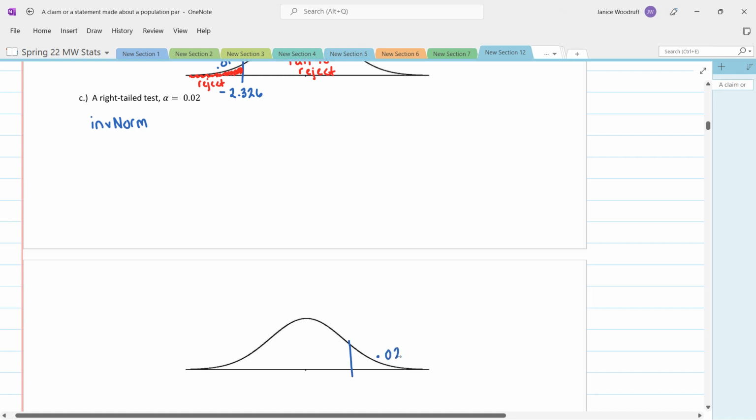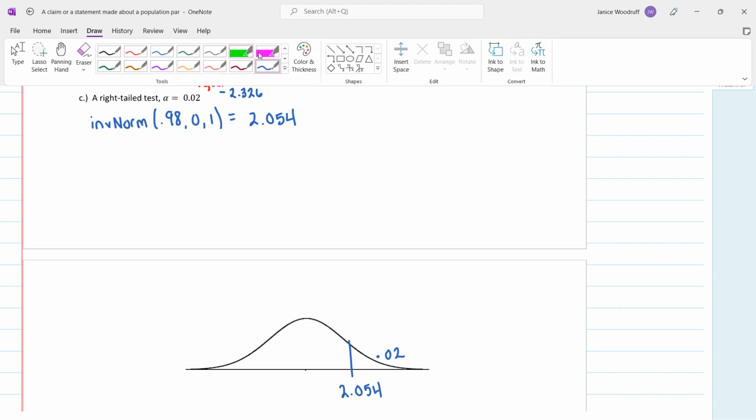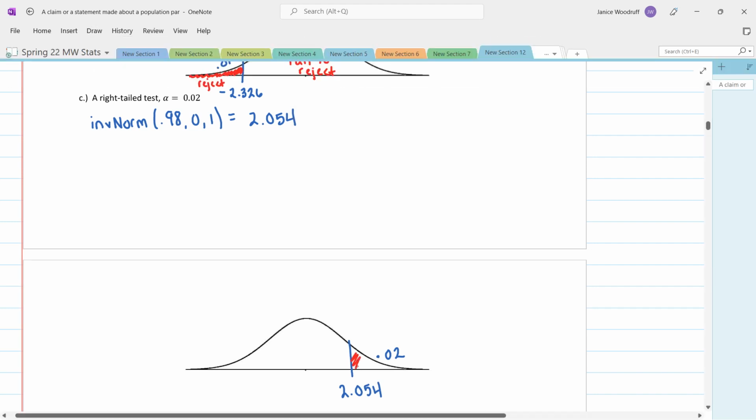This is 0.02. So you do 0.98, 0, and 1, and that gives you that positive 2.054 for that z value. Okay, so your rejection region would be anything greater than 2.054.